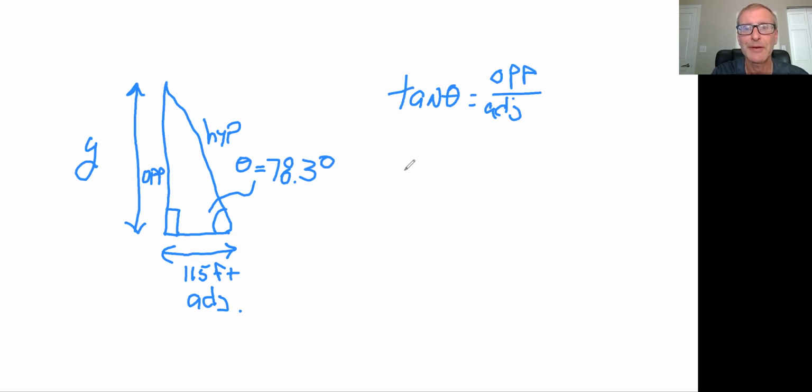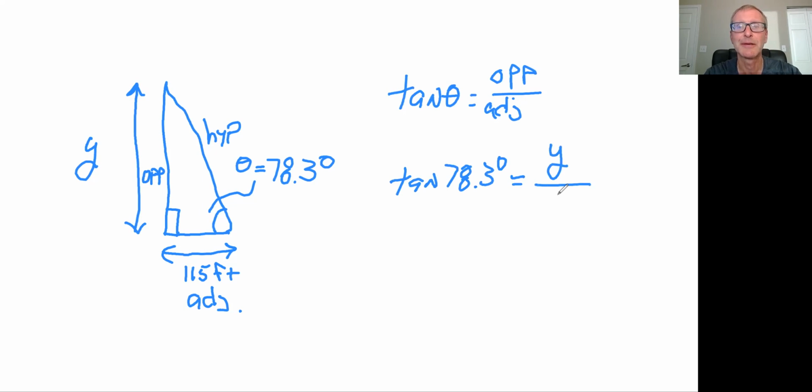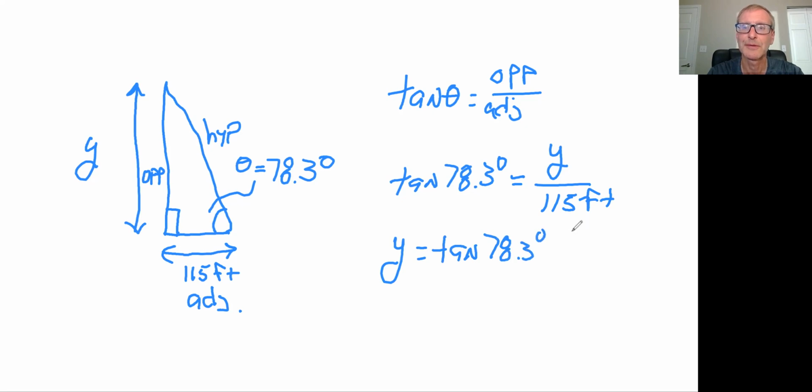So what we have here is tan of the angle, which is 78.3 degrees, equal to the opposite, which is the height we're looking for, y, over the adjacent, our 115 feet. When you do a little bit of algebra, bringing the 115 to the other side, you get y equals tan of 78.3 degrees times 115 feet.